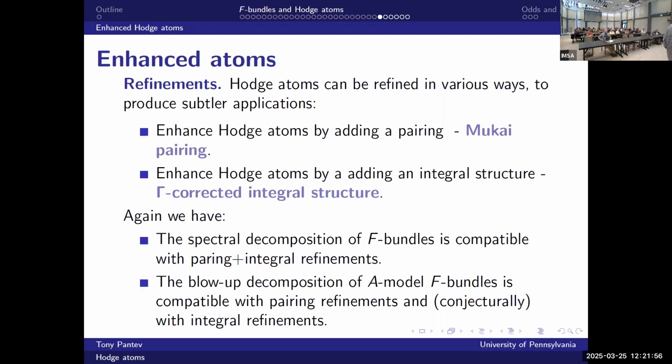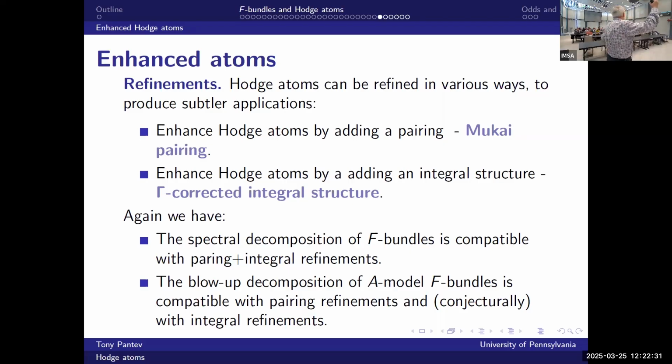One is a pairing, which is going to be like the Euler pairing on the category, or chi pairing on more. Another is an integral structure, and in this symplectic geometry work that's something quite non-trivial, because remember there was this compatibility with the Stokes data, and that requires the usual integral structure to be corrected by an endomorphism given by a gamma class, a special characteristic class depending on the gamma function.